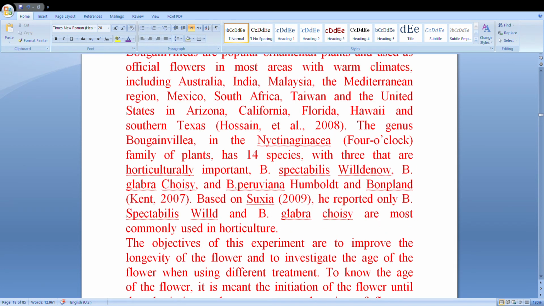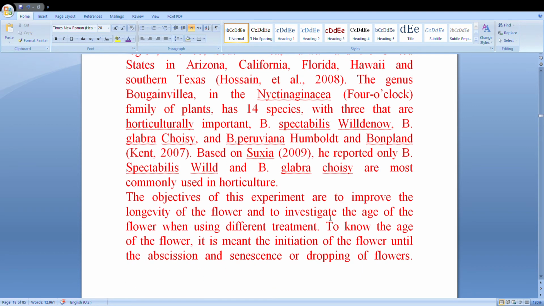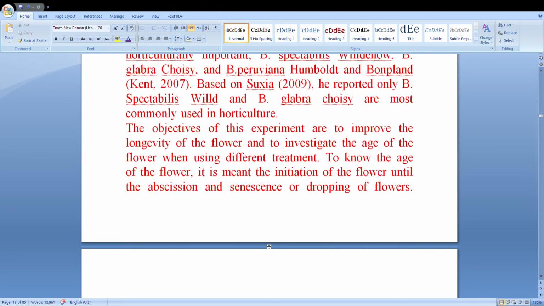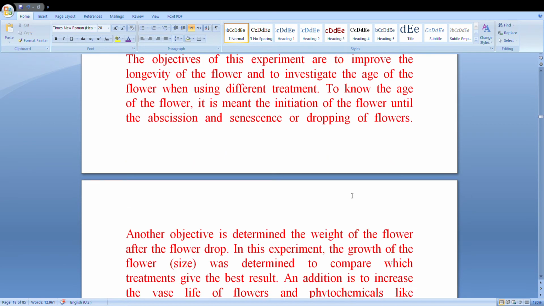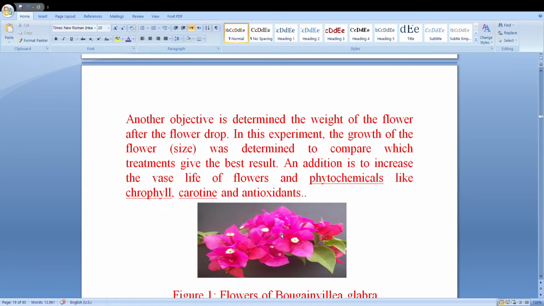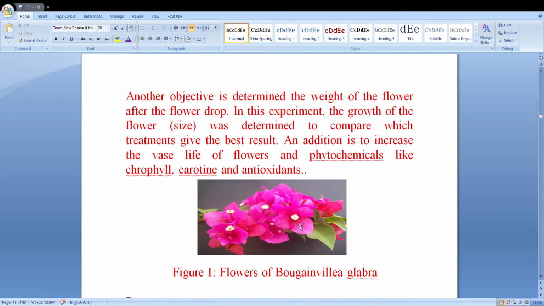Some scientists studied this, and here we can see different types of flowers, and the abscission and senescence, or dropping, of the flowers. Bougainvillea has very good flowers with very nice color pigments. It helps increase the shelf life of the flowers, and contains phytochemicals like chlorophyll, carotene, and antioxidants.